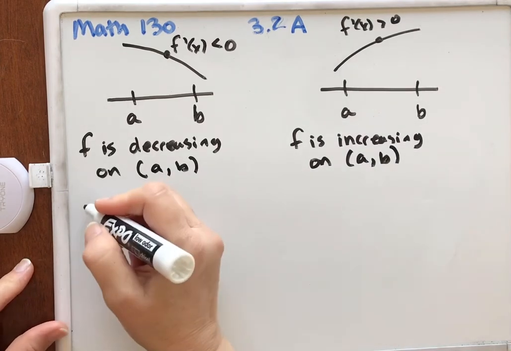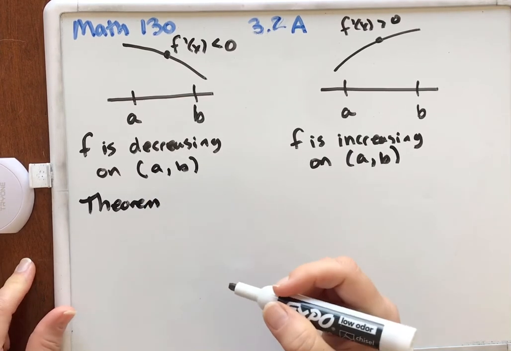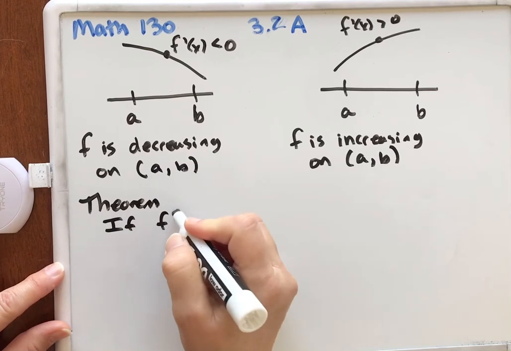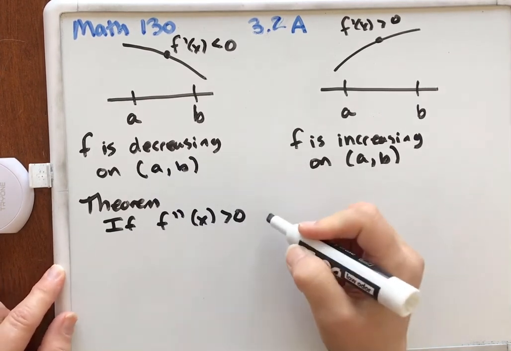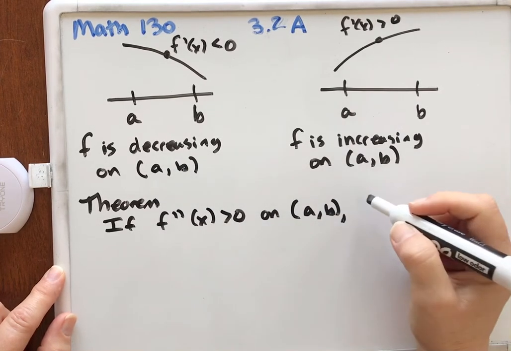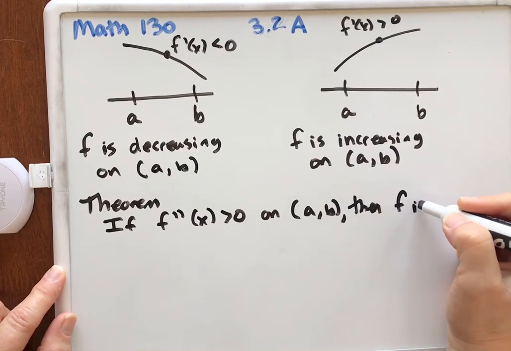All right, we have a theorem, and it states if f double prime x is greater than 0 on interval AB, then f concaves up.